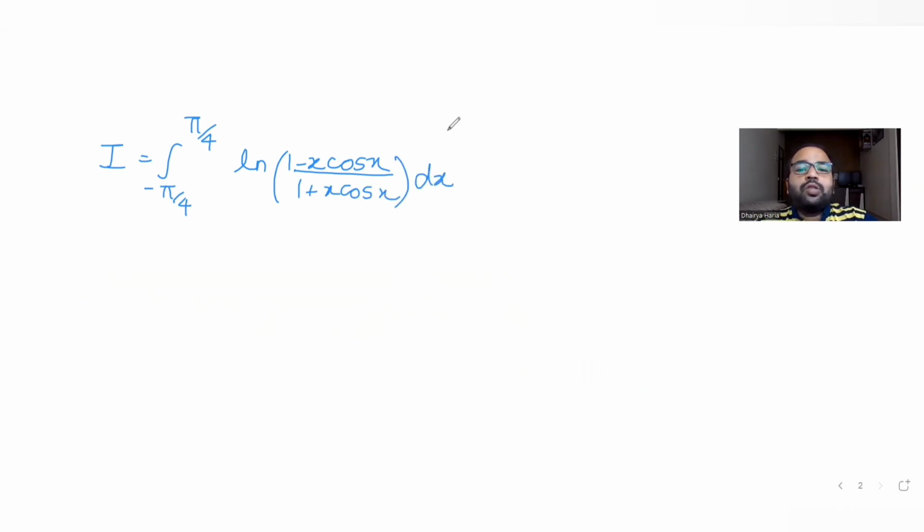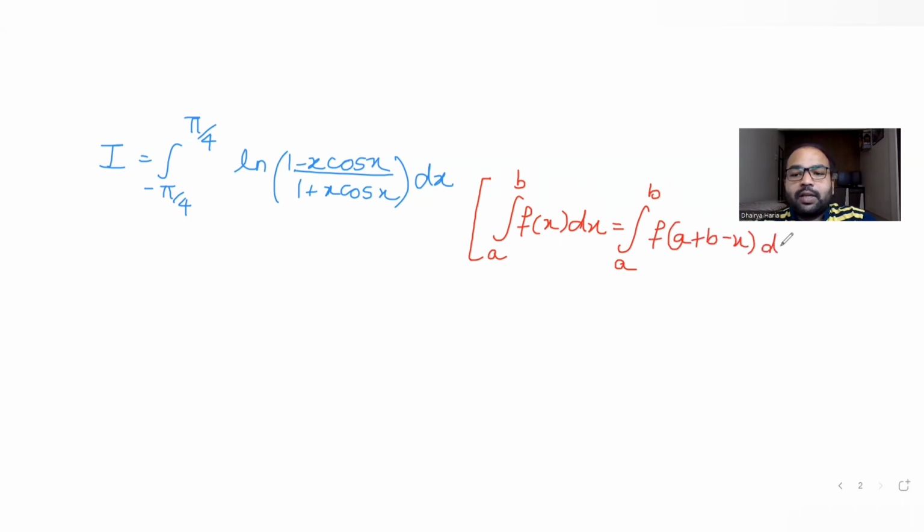Now here I can use the idea which you would have studied in the properties of integration: the integral from a to b of f of x dx can also be written as the integral from a to b of f of (a plus b minus x) dx. So I can put the limits a plus b in the function.